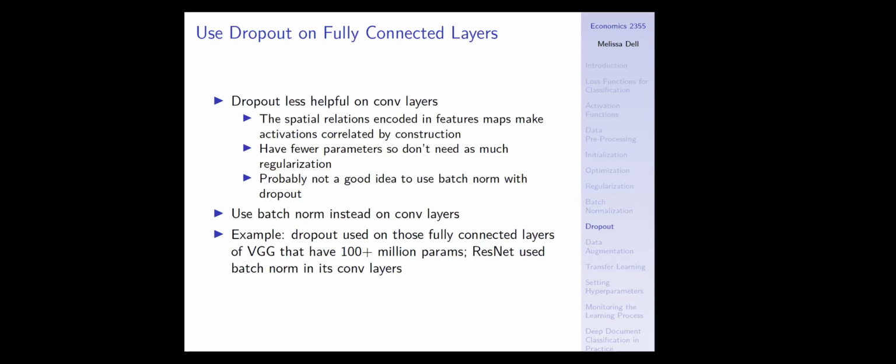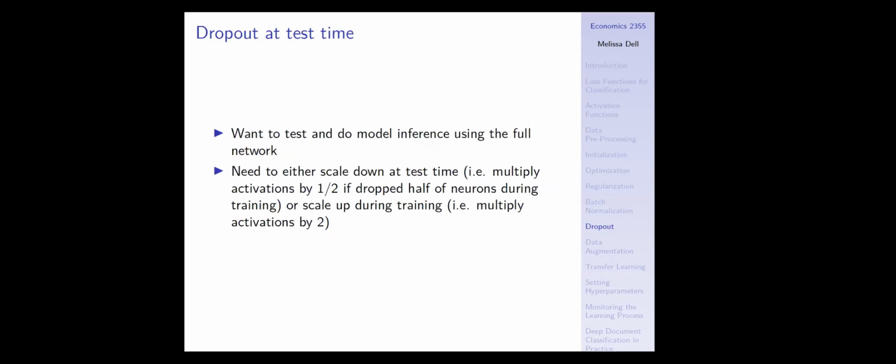ResNet used batch norm in its conv layers. And if you recall, in GoogleNet and ResNet, which is the state of the art, we moved away from those fully connected layers towards using conv layers. And so in practice, dropout may be less relevant for image tasks because we've moved to using architectures that don't have fully connected layers, but it's worth knowing that it exists.